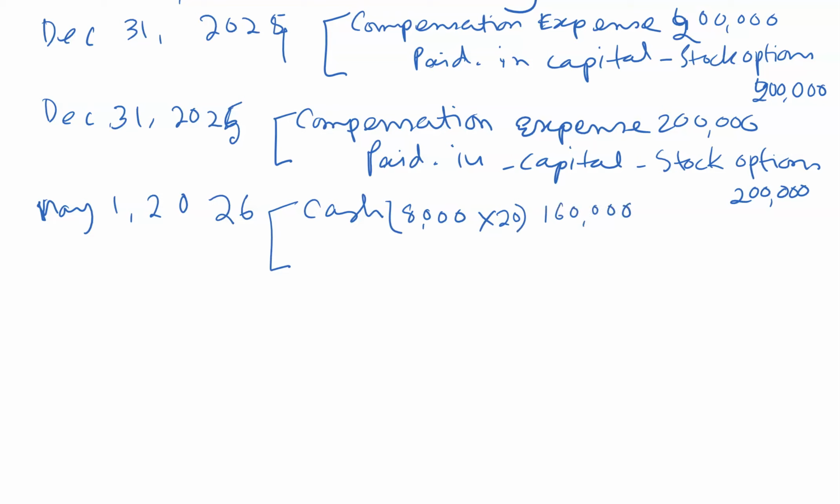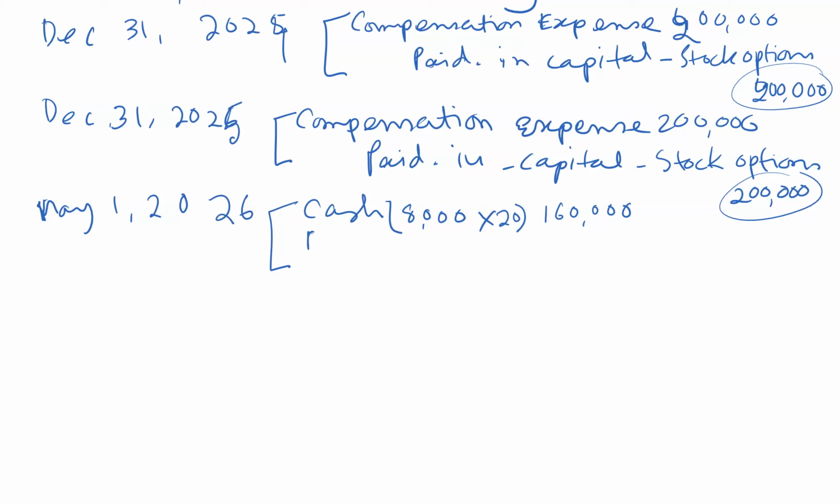That is 160,000 cash. And we have to remove the 8,000 options, which is 80% of our paid in capital stock option balance. Currently you see the paid in capital stock option credit balance will be 400,000 at the end of 2025. So we have to eliminate 80%. Eliminate means now we have to debit this account.